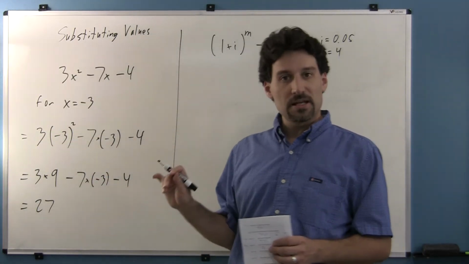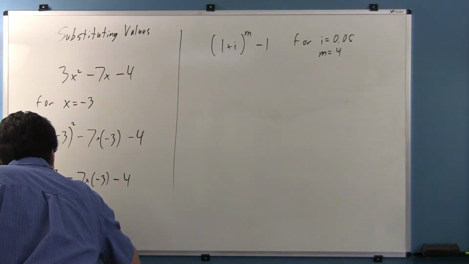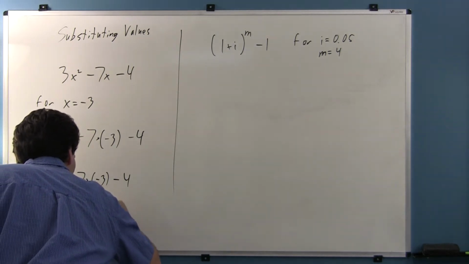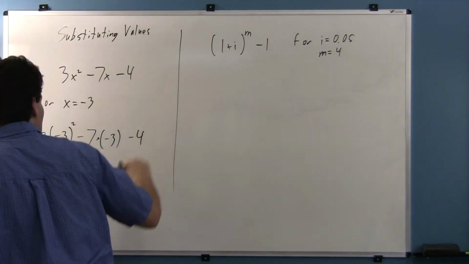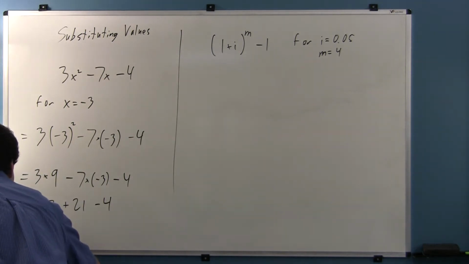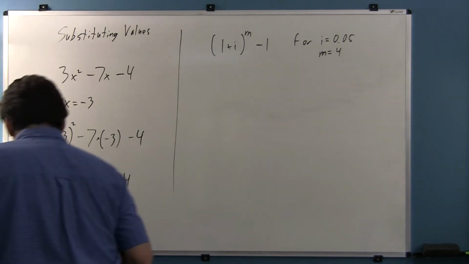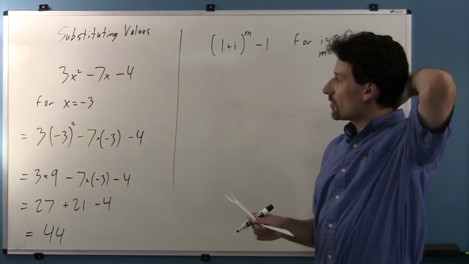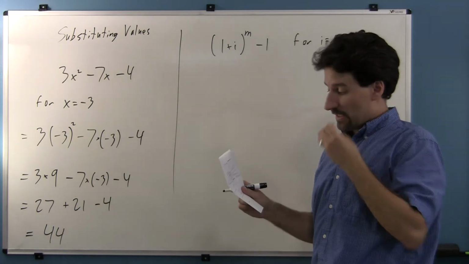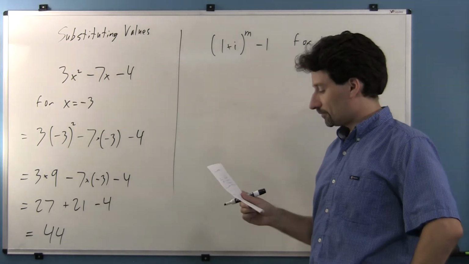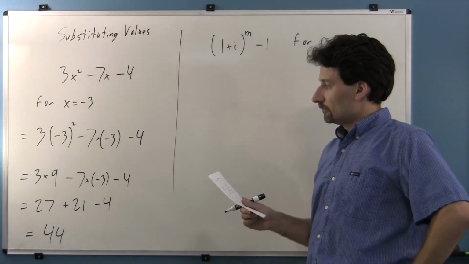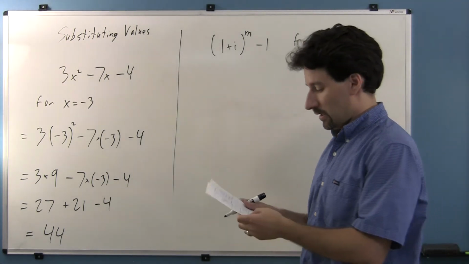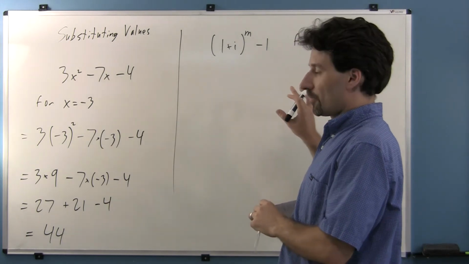A negative times a negative is a positive. So plus 21, and then minus 4 that's still on the end that we didn't touch. Final answer, 44. So if x is equal to -3, that expression is equal to 44. Hopefully not too crazy, not too complicated.